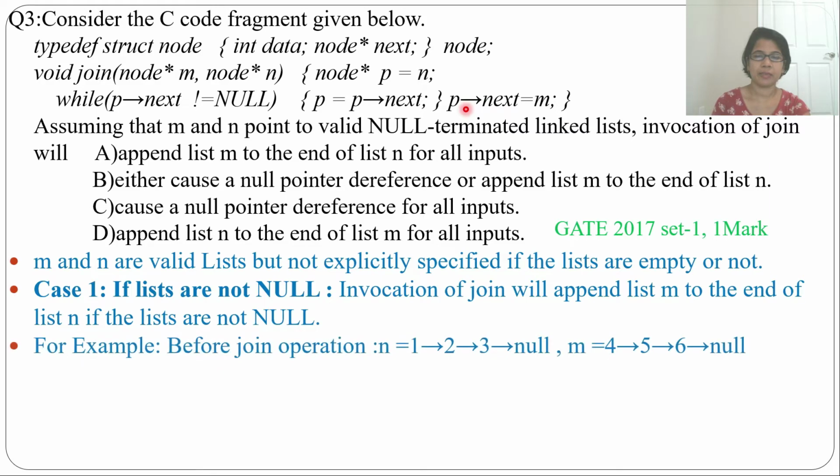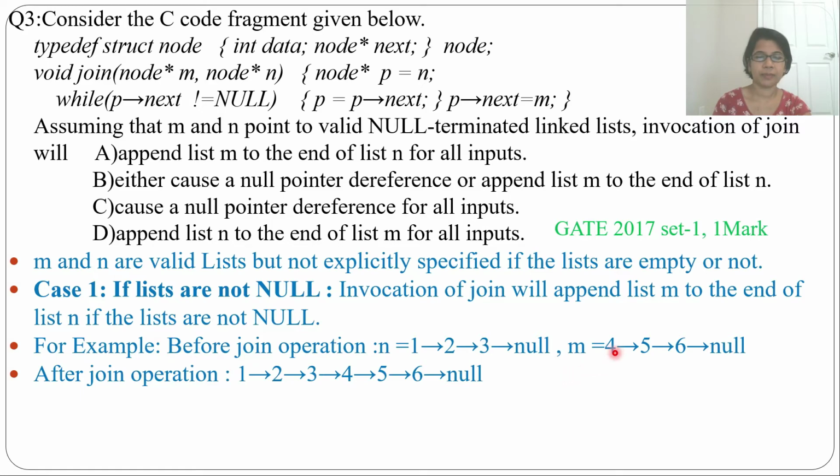So for example, suppose n is 1 2 3 then null, and m is 4 5 6 null. Here p equal to p next, p equal to p next. Initially p will point to 1, then p will come to 2, then to 3. Then p next is null, so p next will be m, meaning 3 next will be 4.